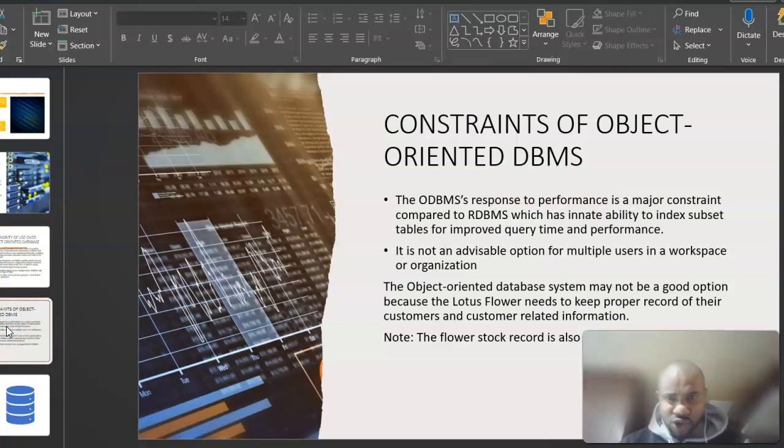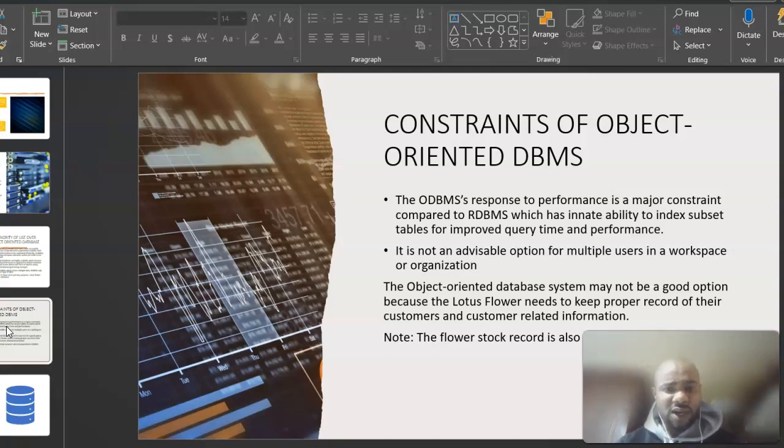So the constraints of the object-oriented database management system: its response to performance is a major constraint compared to the RDBMS, which has innate ability to index subset tables for improved query time and performance.